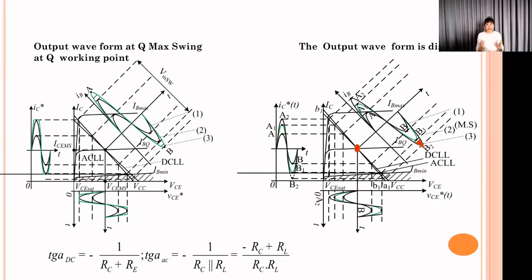And now we have some specific information. If we have Q max swing, here it means the Q point, in red color.